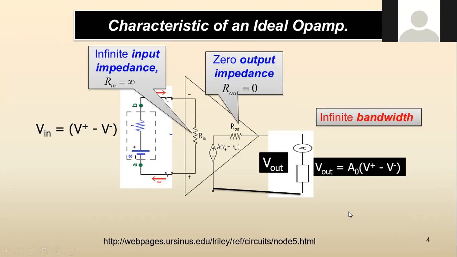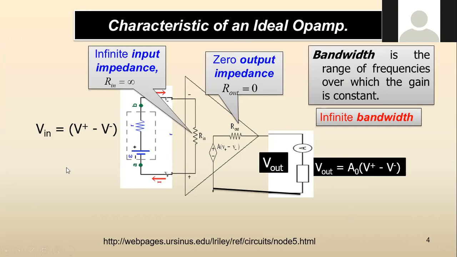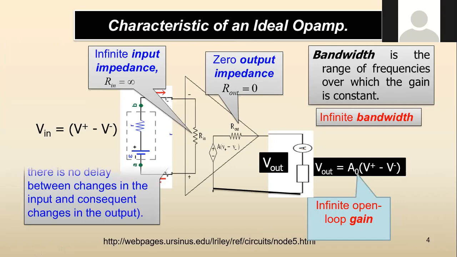Infinite bandwidth means any frequency we put in, or the range of frequency where the gain is constant. And we want A0 to be infinite gain. The advantage is that whatever we put in, very small, will be magnified to very large. And then infinite slew rate: you want it to be fast, so whatever we put in comes out very fast.